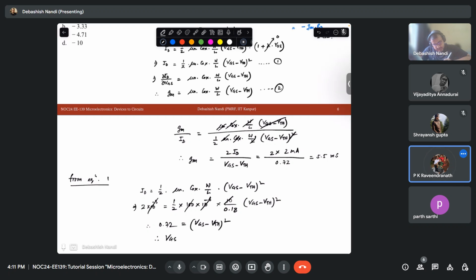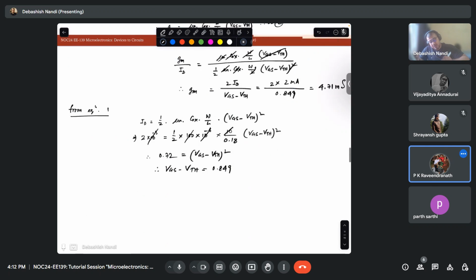So 0.72 is equal to VGS minus VTH whole square. So VGS minus VTH is your square root of 0.72. It is your 0.849. So that is 4 divided by 0.849, answer is your 4.71 millisiemens. Okay.